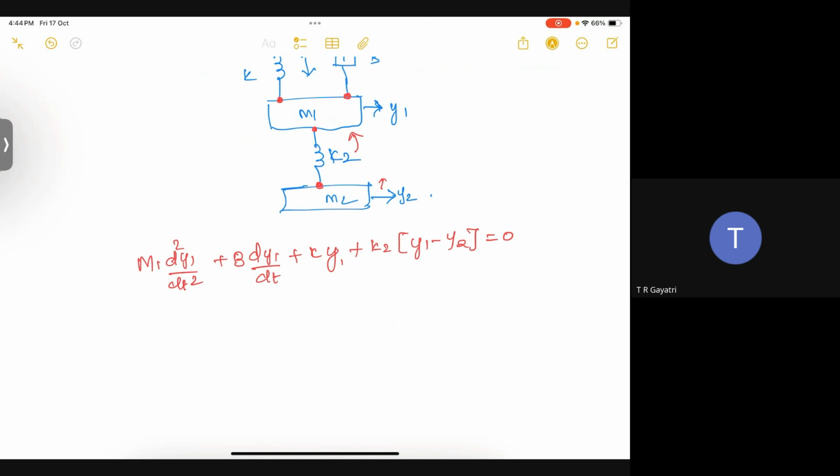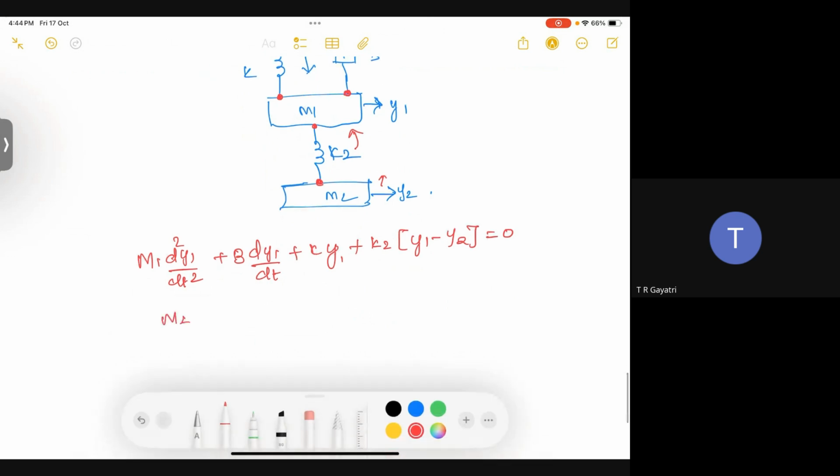For the second equation, it's very simple: m2 d squared y2 by dt squared plus k2 into y2 minus y1 equals 0, and it's 0 because I first put the force f on mass 1. Any doubt?